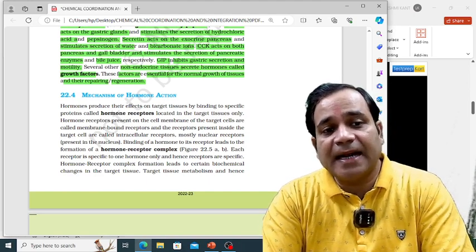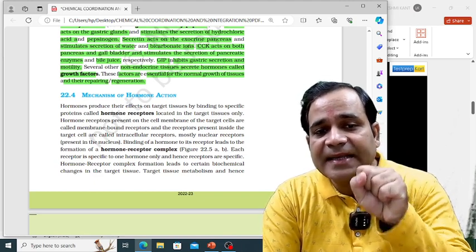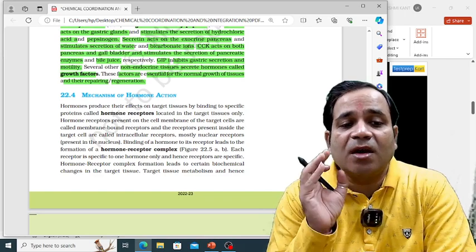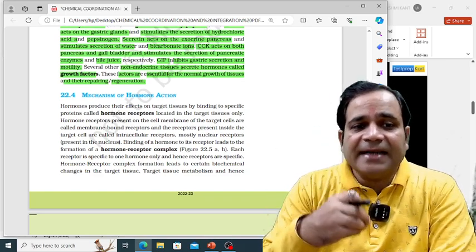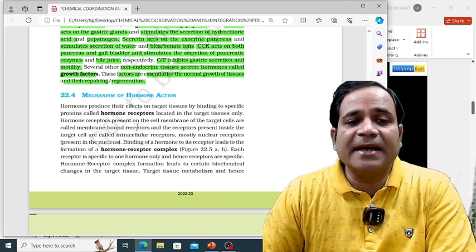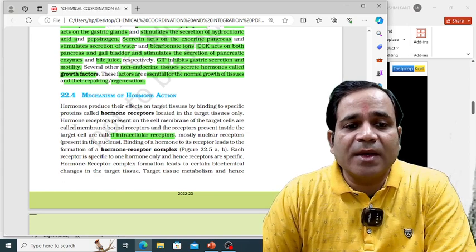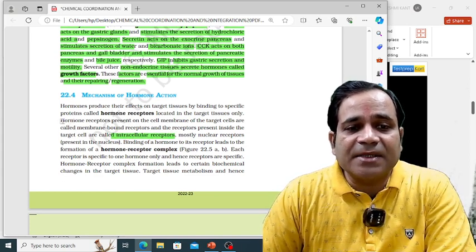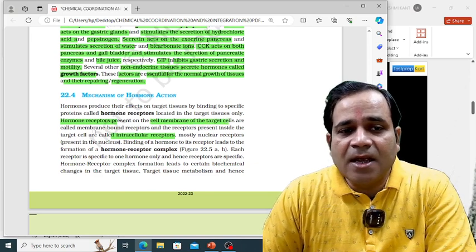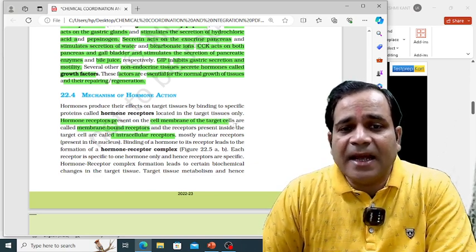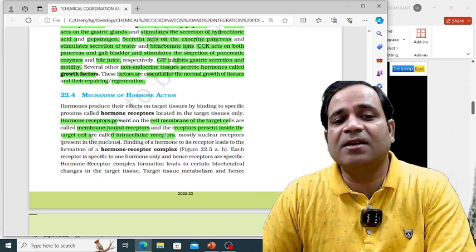So see, again I'm repeating, the hormone receptors present on the cell membrane of the target cells are called membrane bound receptors, and the receptors present inside the target cells are called what? Intracellular receptors.